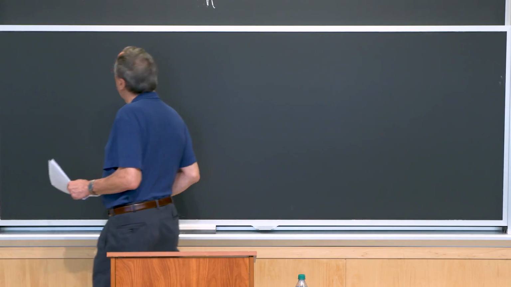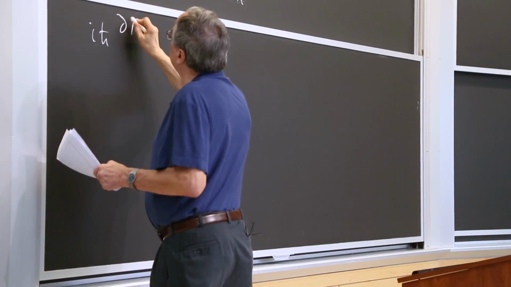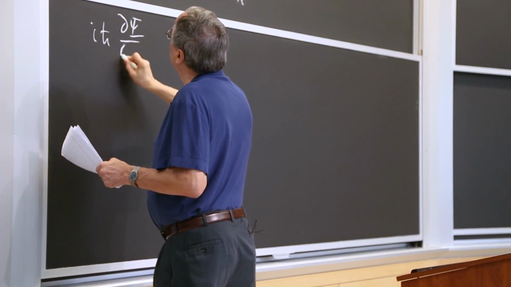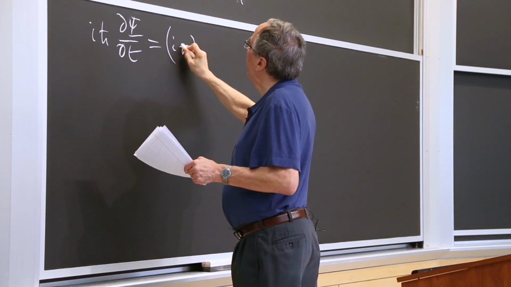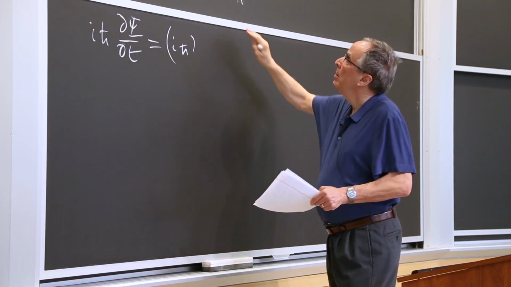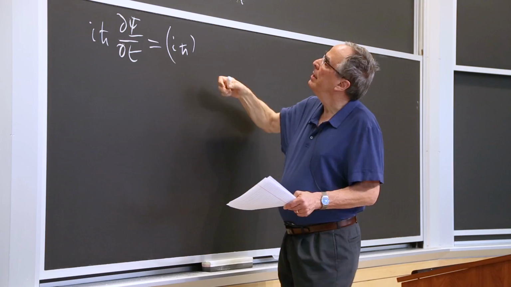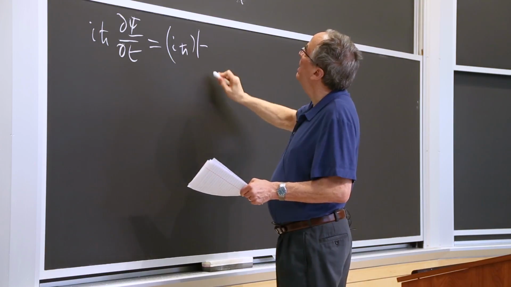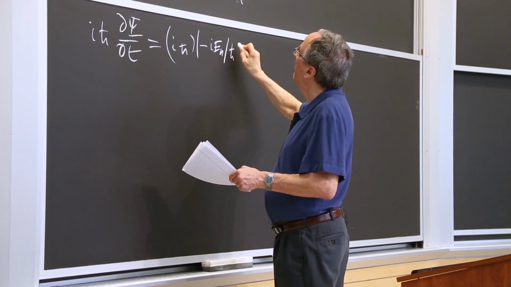Okay, so let's show that this form satisfies the Schrödinger equation. So we have i h bar partial of psi with respect to t. So we get an i h bar, and then we take the partial with respect to t. This part is independent of time. This has time in it, and so we get a minus i E n over h bar.